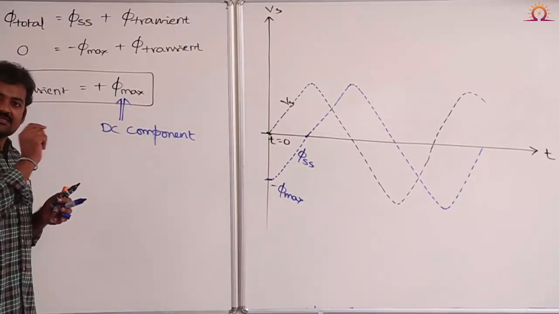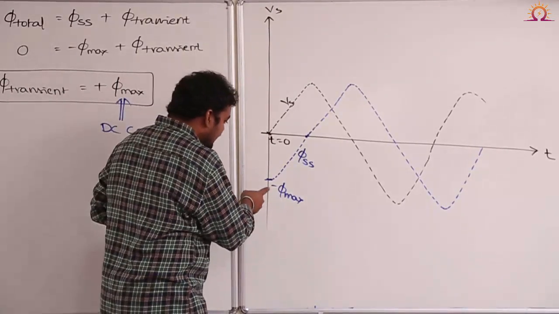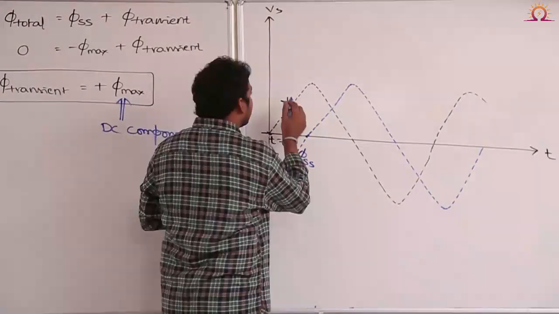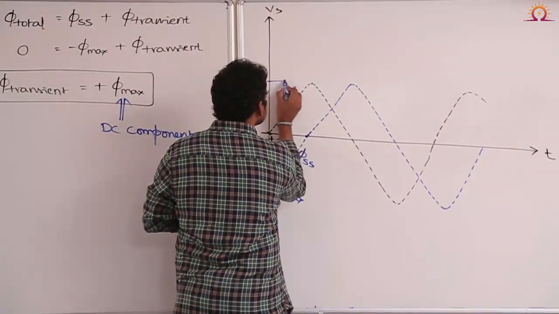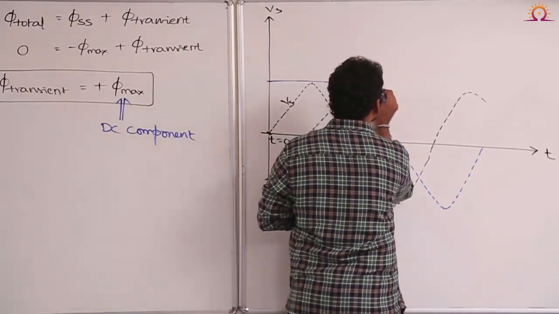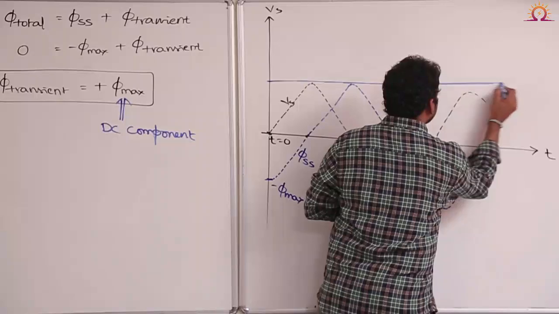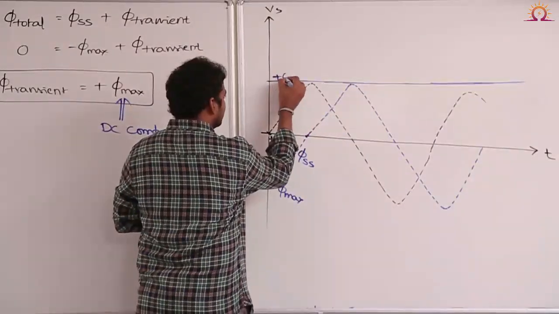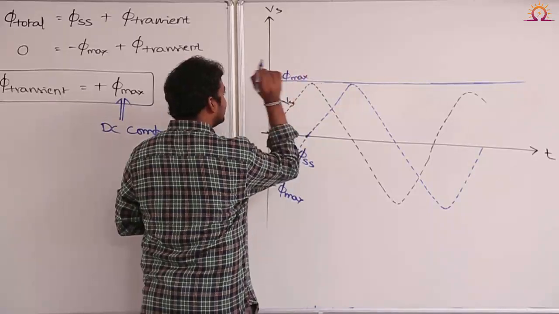Let me draw transient flux component also. Steady state flux component is minus phi max, transient flux component will be plus phi max, and it is a DC component, most important thing. And it is permanently available if I consider ideal transformer. Okay, this is plus phi max.